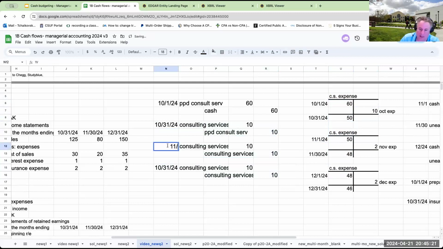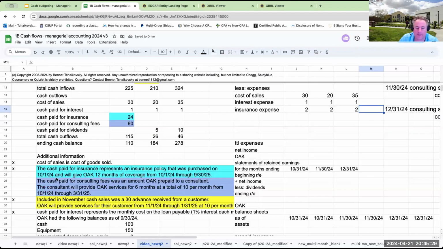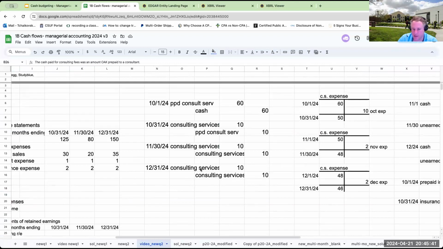So this is going to be 11/30/24. This is going to be 12/31/24. I'm using these consulting services, right? Cash paid for consulting fees was an amount prepaid to a consultant to provide us the services for 6 months at a total of 10 per month from that period of time.